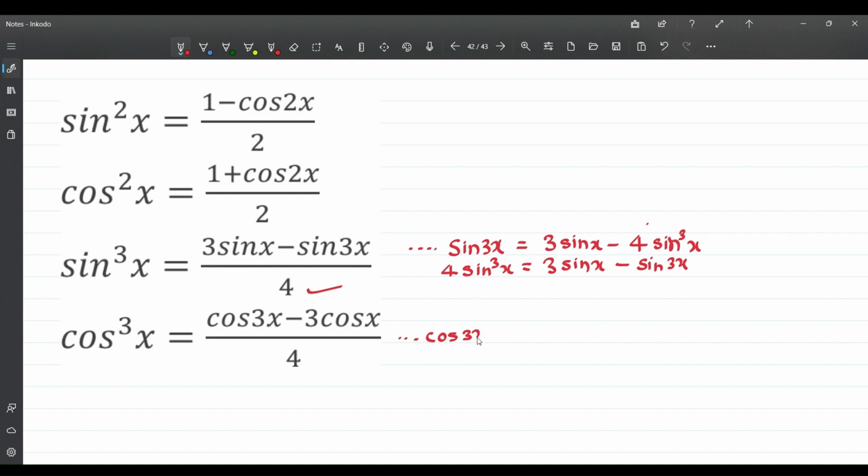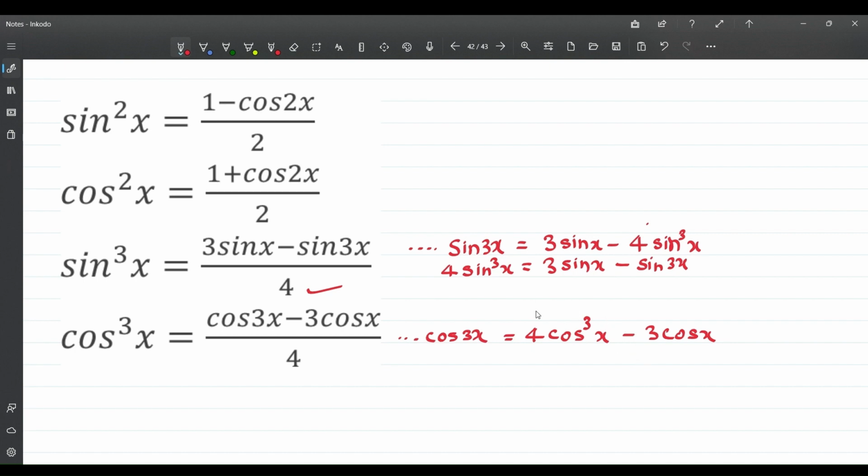Similarly, cos cube x. This formula is derived from cos 3x. The formula for cos 3x is 4 cos cube x minus 3 cos x. Now we have to find cos cube x. So this term will change.